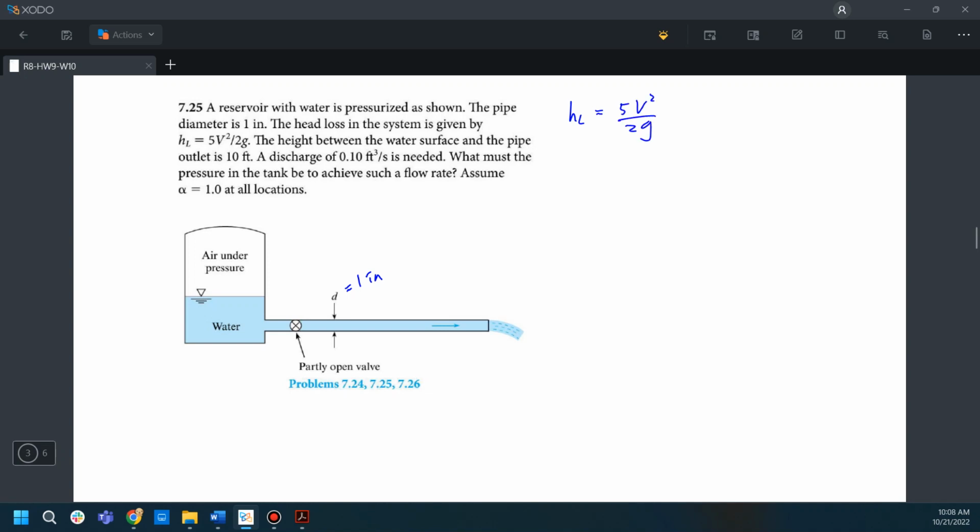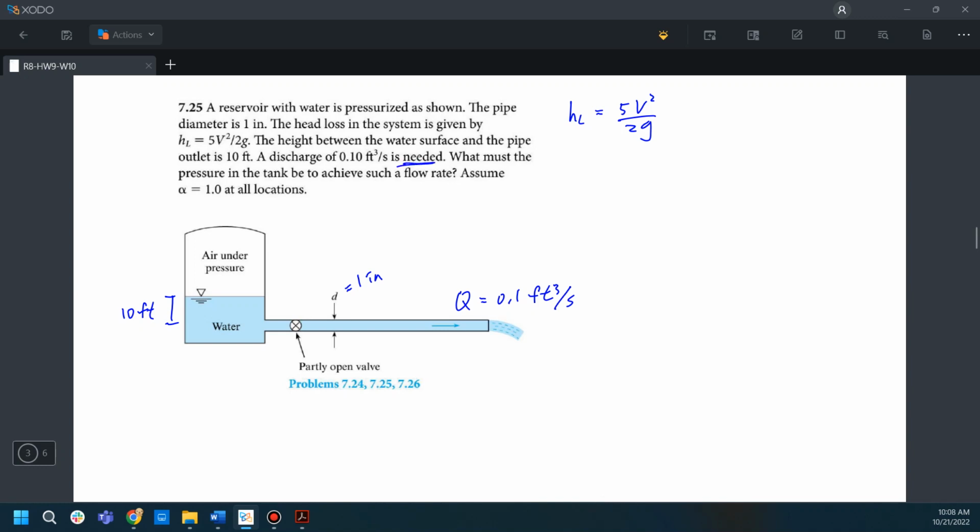The height between the water surface and the pipe is equal to 10 feet. So the height difference between these two is 10 feet. And the discharge is 0.1 cubic feet per second.